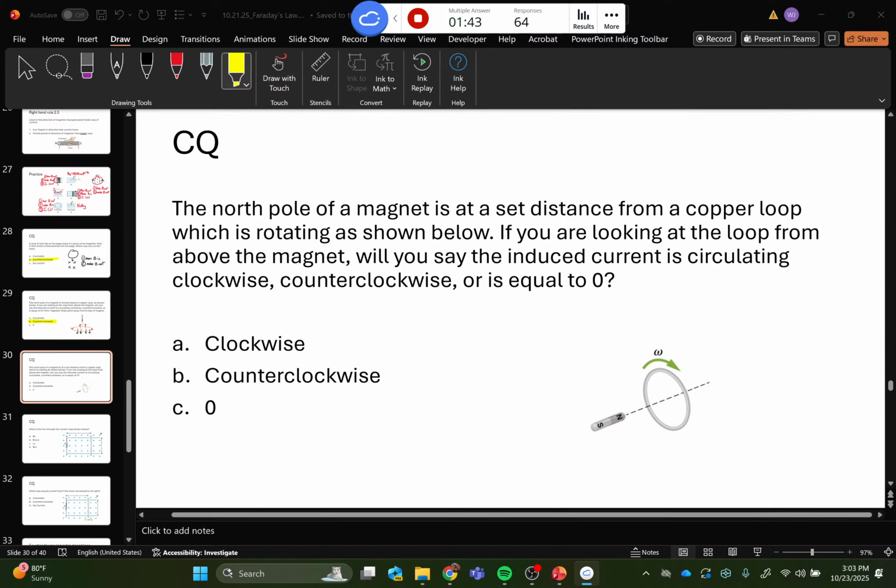What do y'all think? Any guesses? Now it's not moving, so am I getting more field lines, less field lines, or no change?